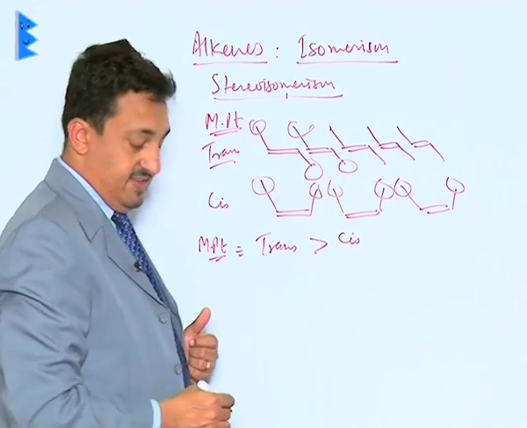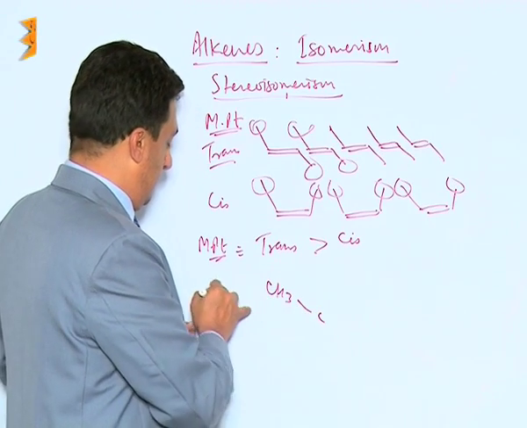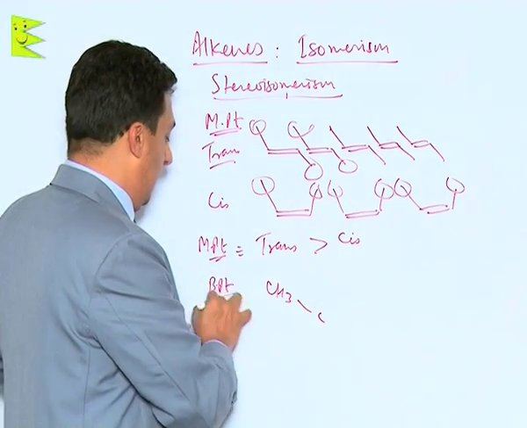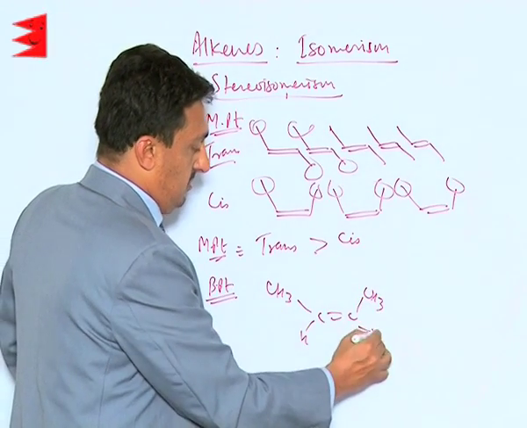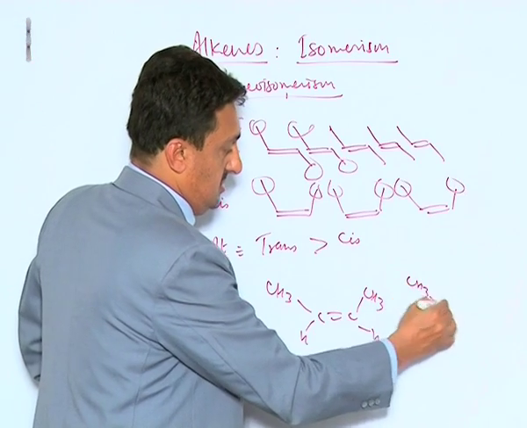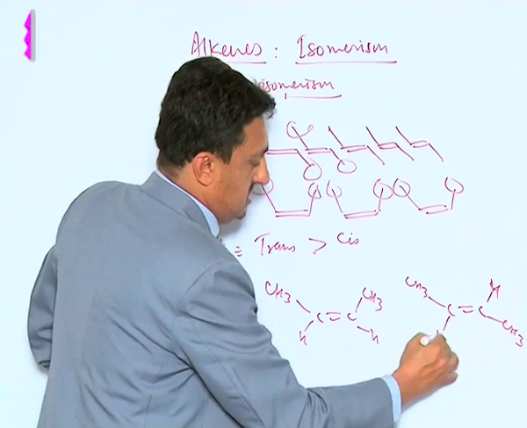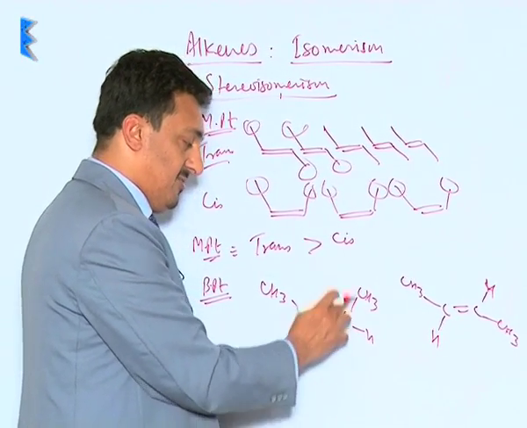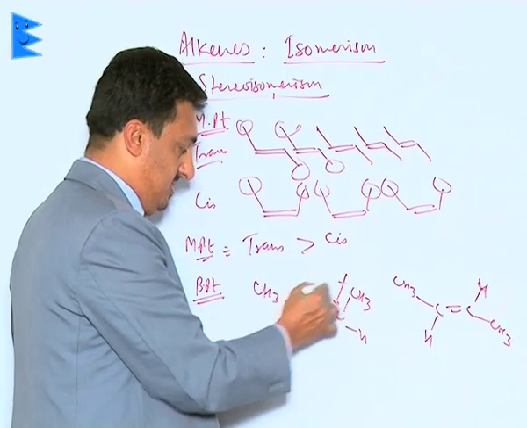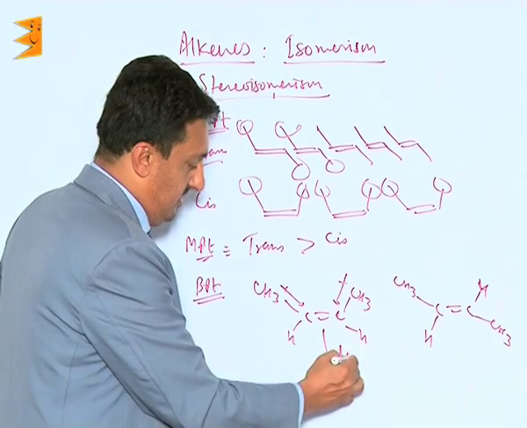Another important thing is boiling point and dipole moment. Suppose I have this trans butene and this cis butene. This carbon is more electronegative than this one, so the dipole moment is along this side, and in the cis isomer the net resultant dipole moment is on this side.